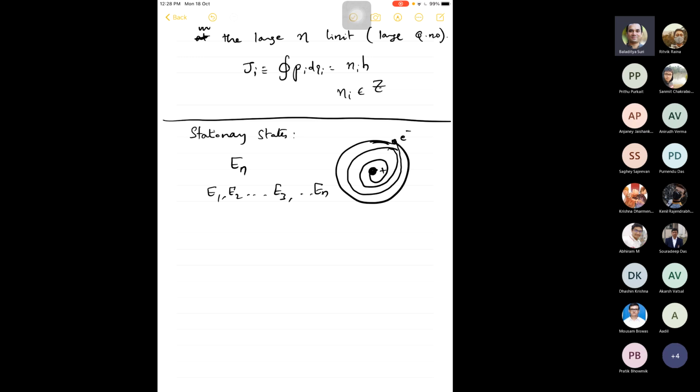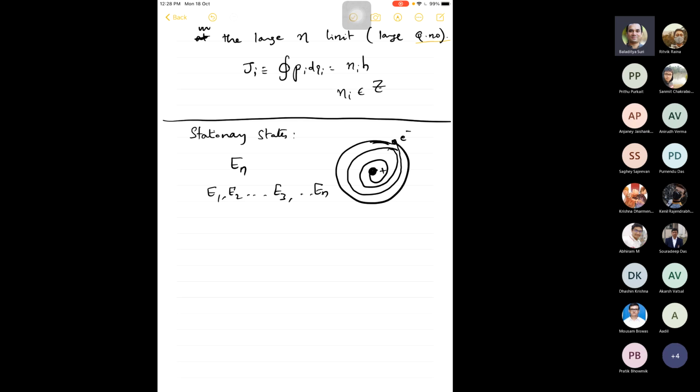This is a problem. But Bohr assumed that while the atom is in this particular special state called the stationary state, it would not radiate, and radiation will happen only when the atom makes a transition from one stationary state to another.